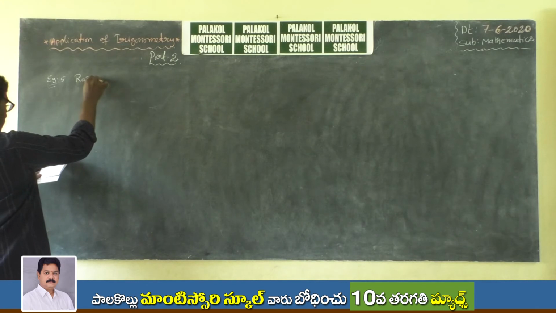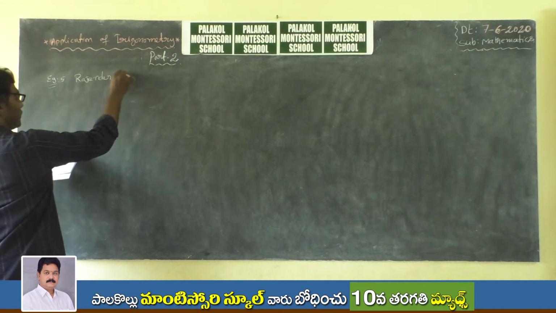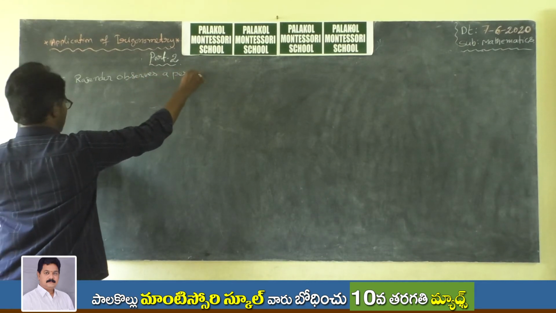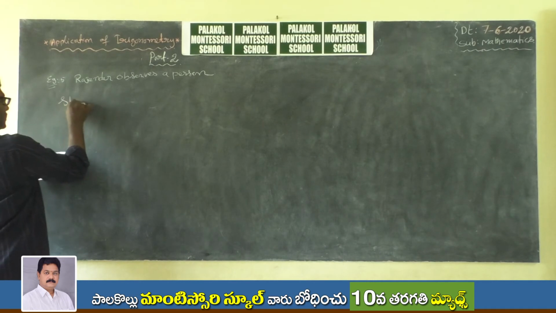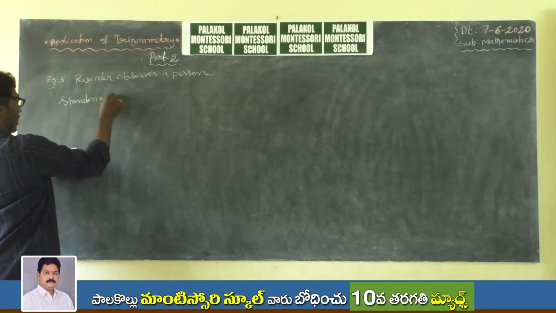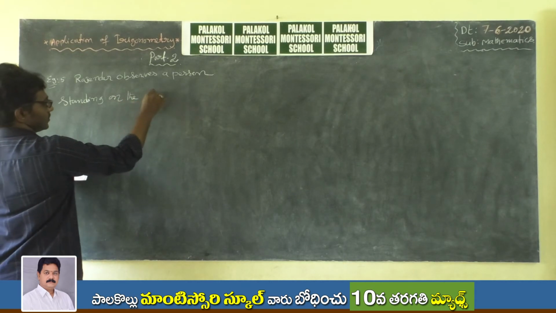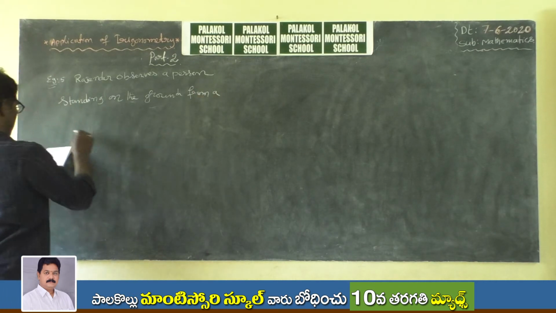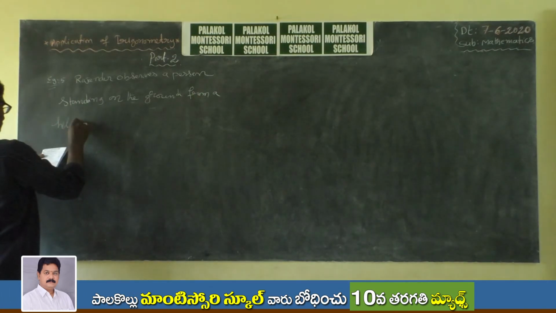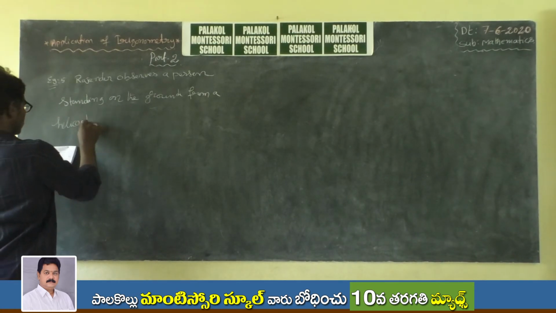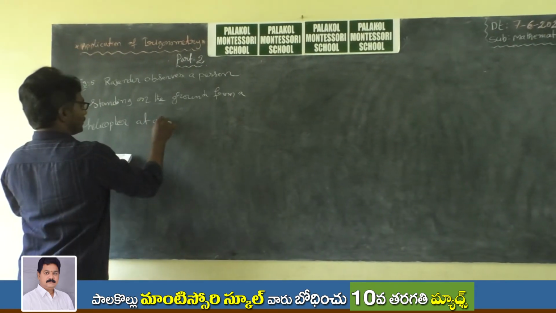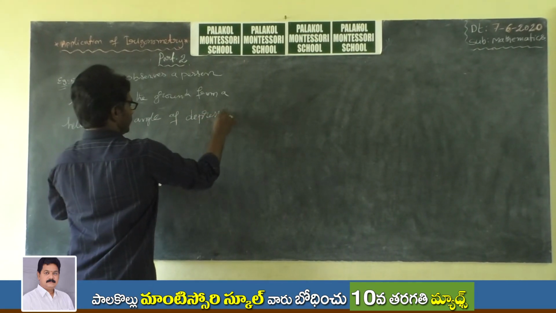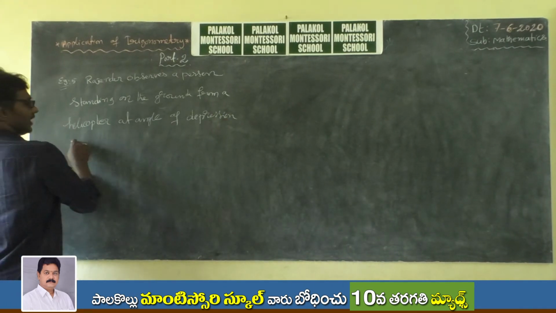Rajendra observes a person standing on the ground from a helicopter at an angle of depression of 45 degrees.